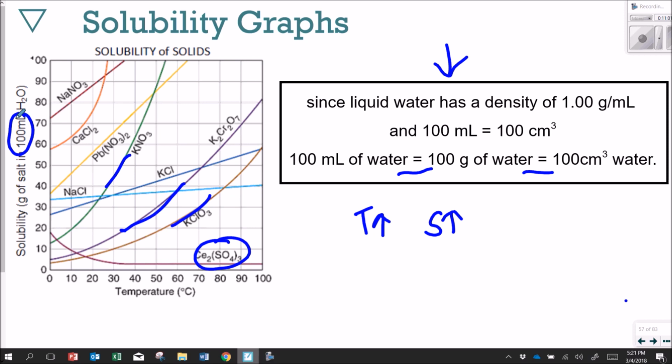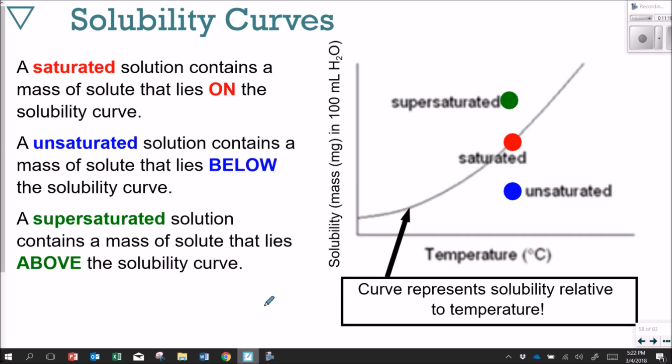They are all interchangeable. On a solubility curve, a saturated solution contains a mass of solute that lies on the solubility curve. An unsaturated solution will contain a mass of solute that is below the solubility curve, and a supersaturated solution will contain a mass of solute that lies above the solubility curve.